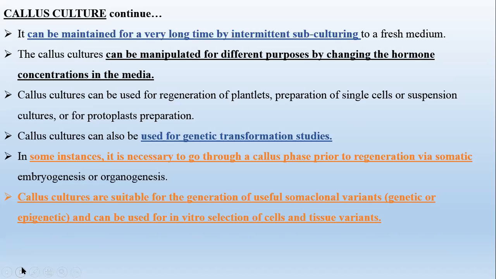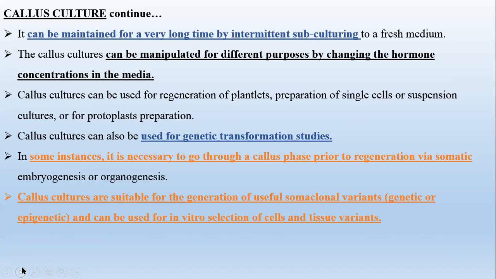Next, callus culture can be used for regeneration of plantlets, preparation of single cell or suspension culture, or for protoplast preparation. So these are some purposes of callus culture through which we are able to prepare single cell culture or suspension culture, and protoplast preparation also.